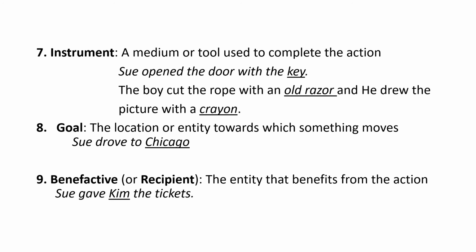The boy cut the rope with an old razor. He drew the picture with a crayon. There are two examples, there is no need to put 'and'. This is another example. The boy cut the rope with an old razor. There was a rope and it was cut by the boy. What instrument or tool had he used to cut the rope?